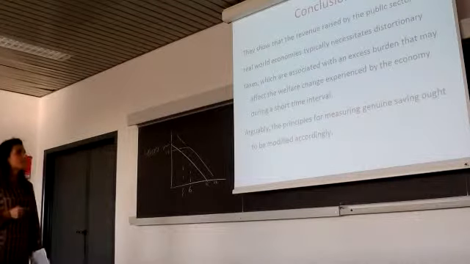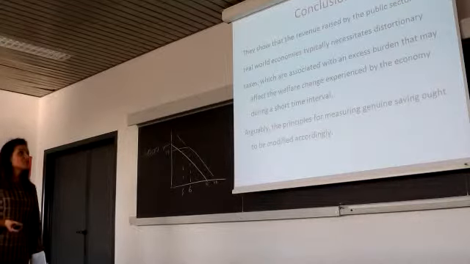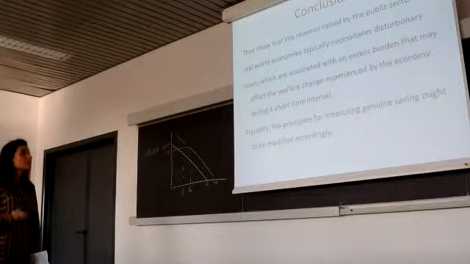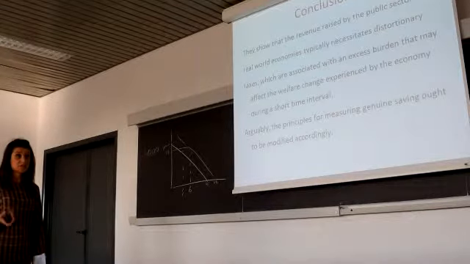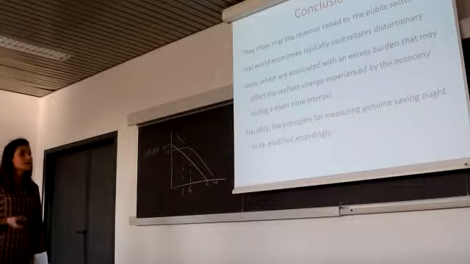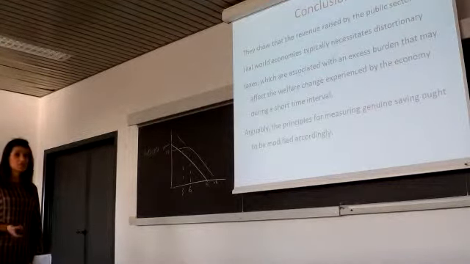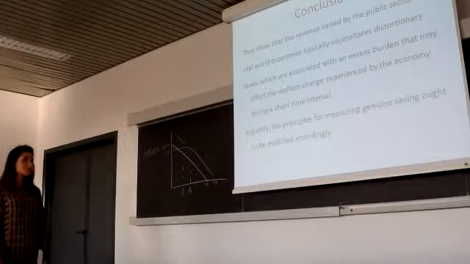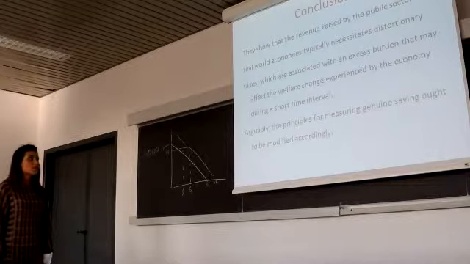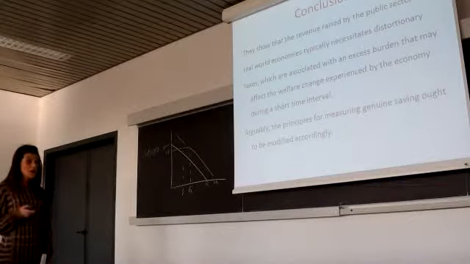So they show that the revenue raised by the public sector in a real world economy typically necessitates higher distortionary taxes that are associated with an excess burden that affects the welfare change that the economy experiences during a short time interval. For this reason, the measure for genuine saving ought to be modified accordingly.